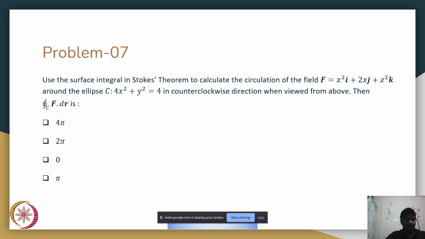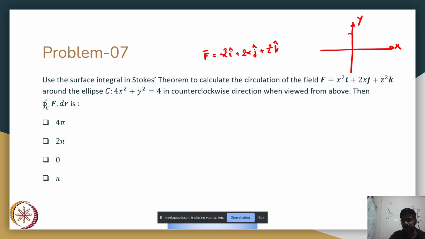Problem number 7. Using the surface integral in Stokes theorem, calculate the circulation of the vector field F, which is given by x square i hat plus 2x j hat plus z square k hat, around the ellipse C, which is given by 4 times x square plus y square equal to 4.